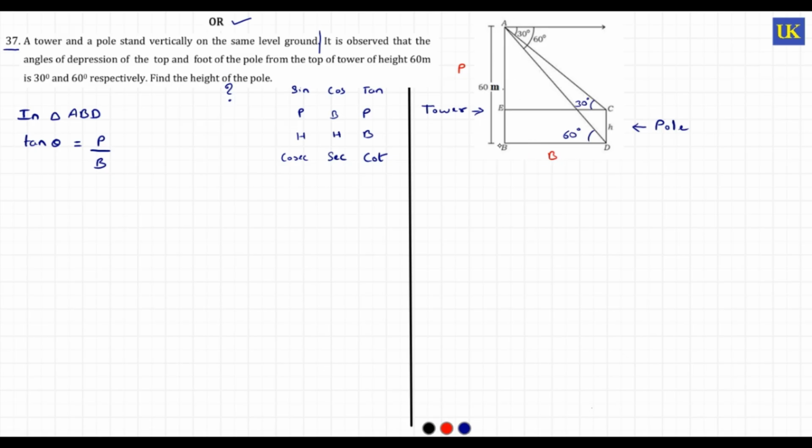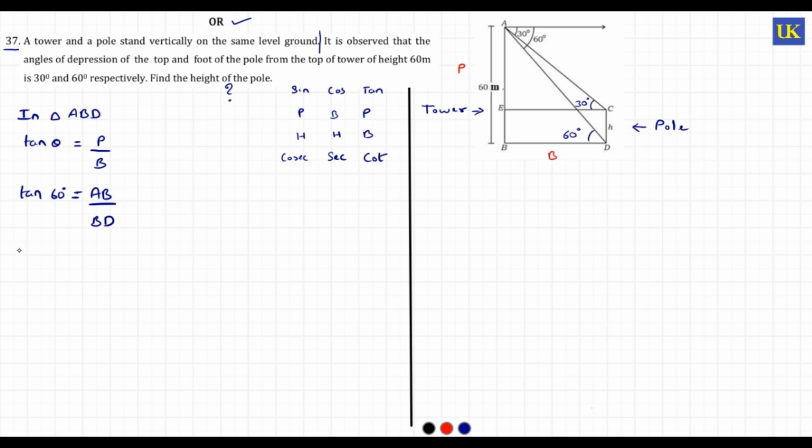I know this side, and I want to find BD, so P and B is what we need, which comes in tan. That is the reason I am taking the tan formula. So the angle is tan 60 degree, perpendicular means AB, and base means BD.